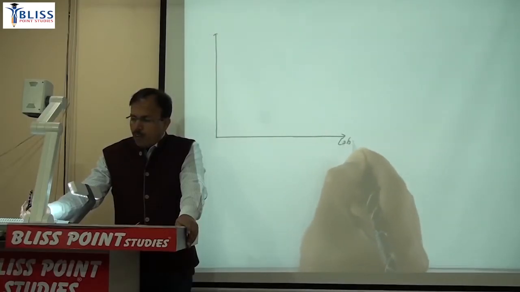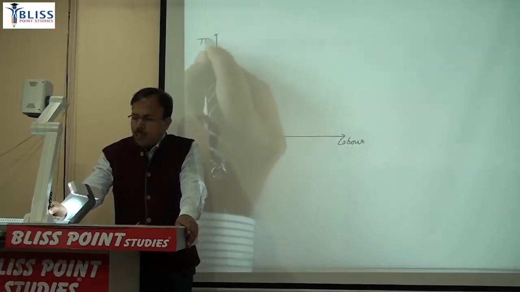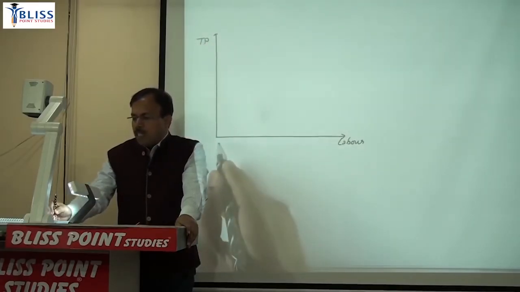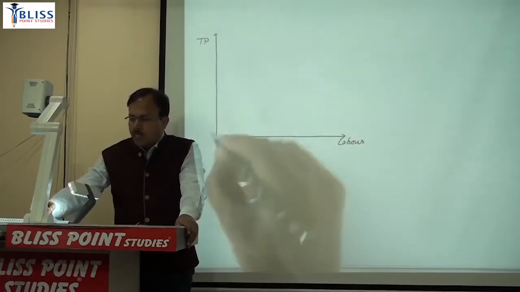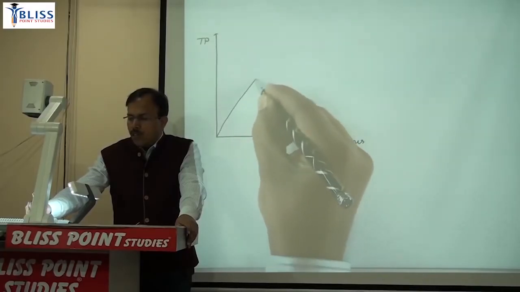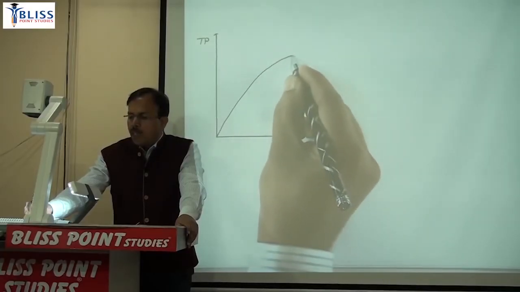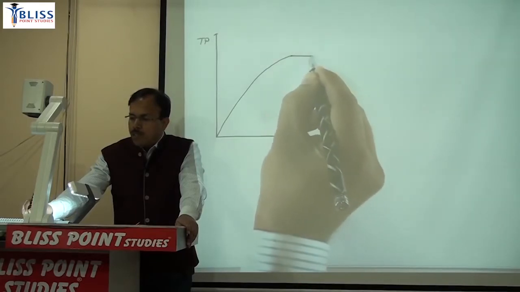On the horizontal axis is labor and on the vertical axis is total product. Suppose this is labor in agriculture. As there is more and more labor in agriculture, total product in agriculture will increase. After reaching a particular point, the total product remains constant.